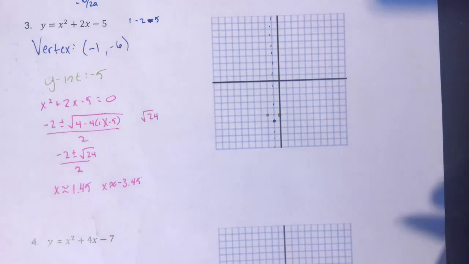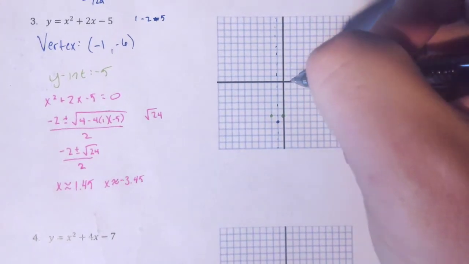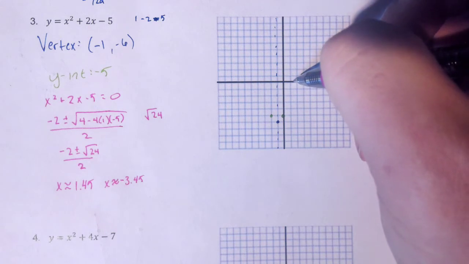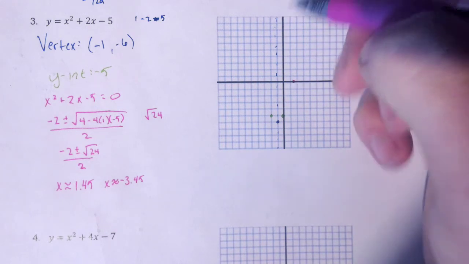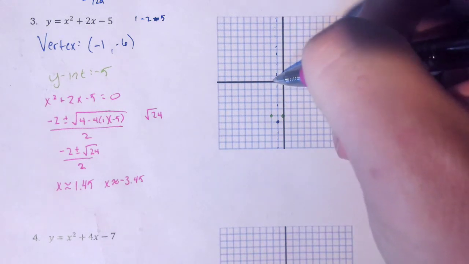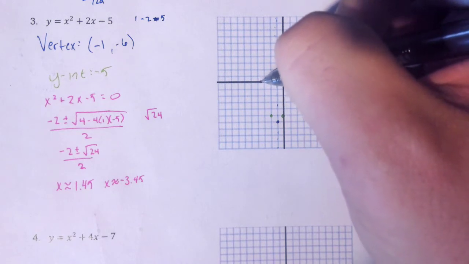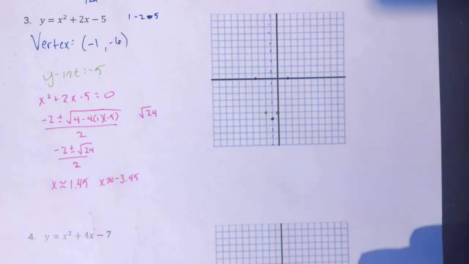Okay, so that's pretty gross, but we can get pretty close to that. 1.45 is very close to 1.5, so just put it about there. And same with -3.45, it's close to 3.5, so 1, 2, 3.5. Those are my x-intercepts.